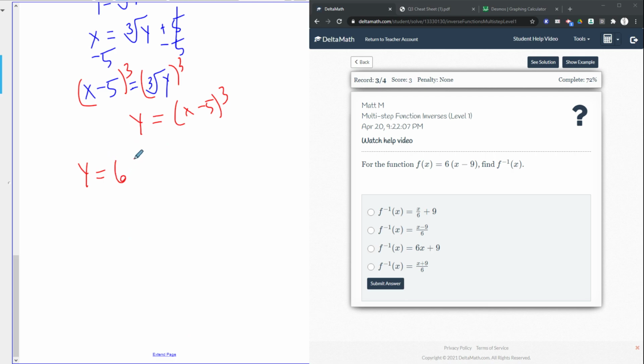Swap x and y. Okay, you could distribute the 6 here. It is kind of tempting, but you don't have to. I'm not going to. I'm just going to divide by 6. Get rid of that.